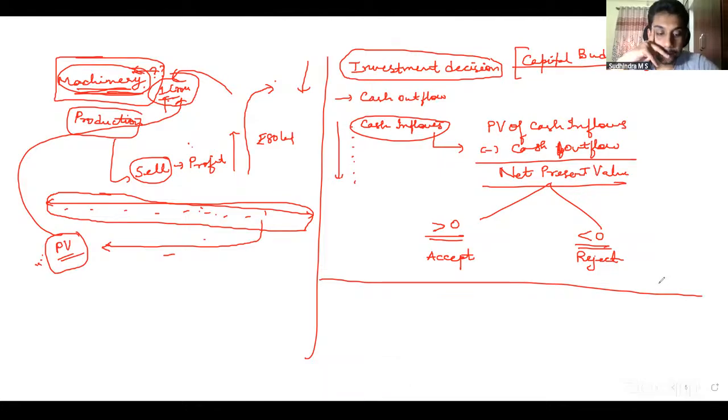Right hand side, if NPV is less than 0, reject. Clear?